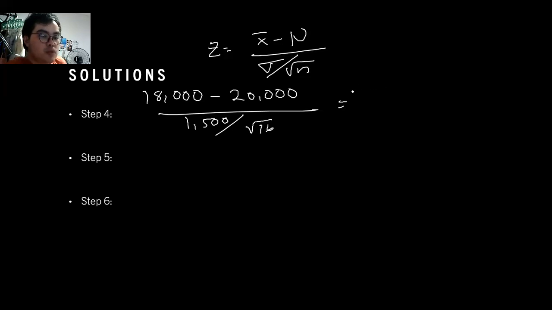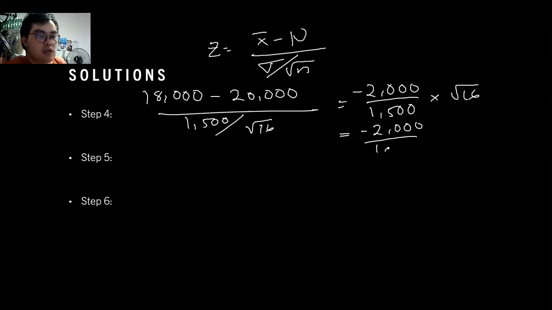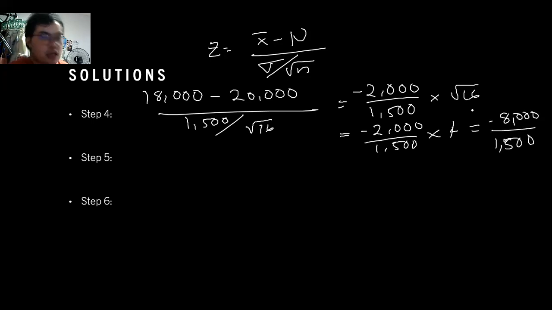Okay, so subtracting, it will become negative 2,000 divided by 1,500 and times square root of 16. So this will be square root of 4 siya. Okay, so this is now the moment of computation. Okay, so now we're going to compute it directly. So negative 8,000 divided by 1,500.